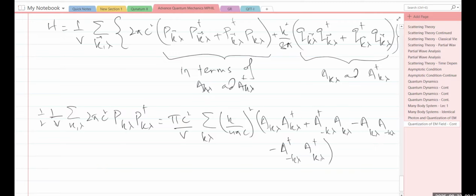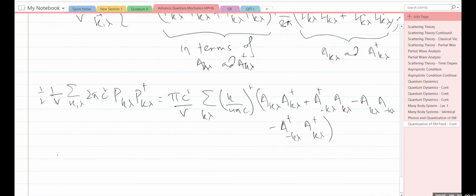Similarly you can write for the q's, and then when you substitute, the factors will cancel out. So again 1 over 2, this factor half we are introducing to avoid double counting. Why double counting?